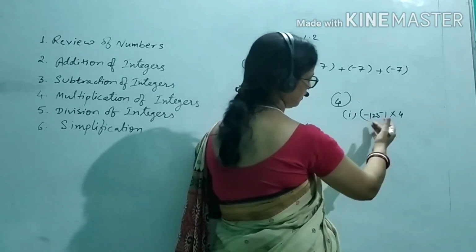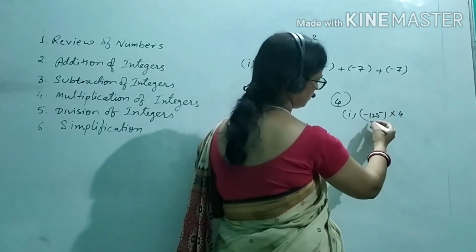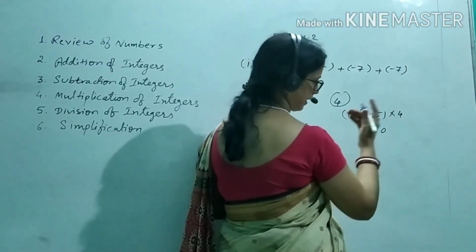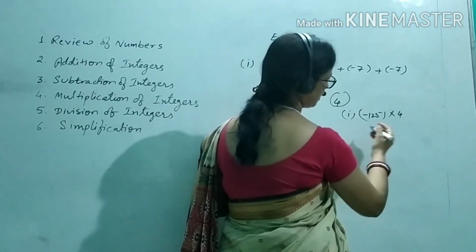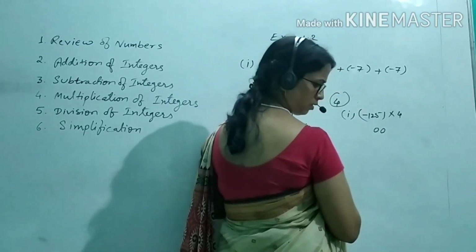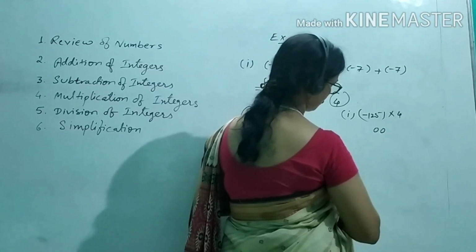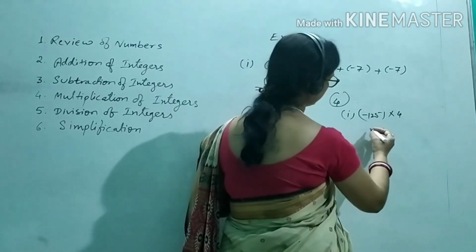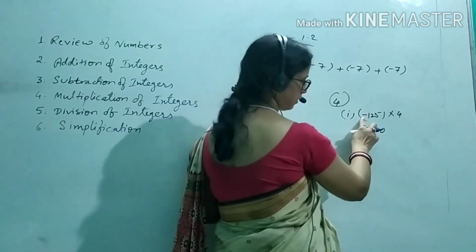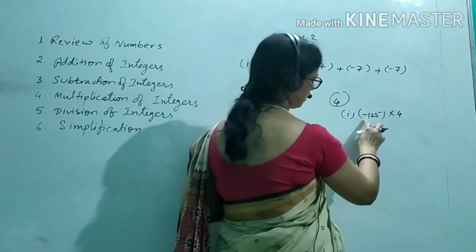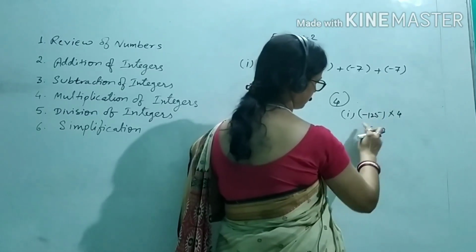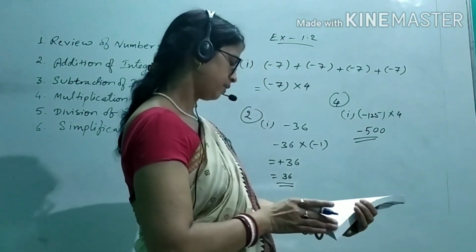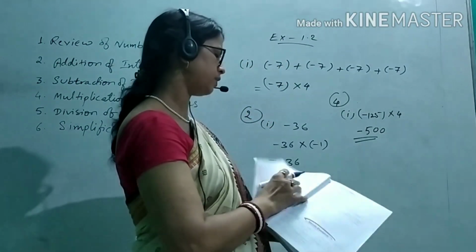Just multiplying once: 5 4s are 20, carry 2; 4 2s are 8, 8 plus 2 is 10, 1 in hand; then 4 1s are 4, 4 plus 1 is 5. Here negative sign, here positive sign, so the answer will be -500. This way you solve all the given questions.